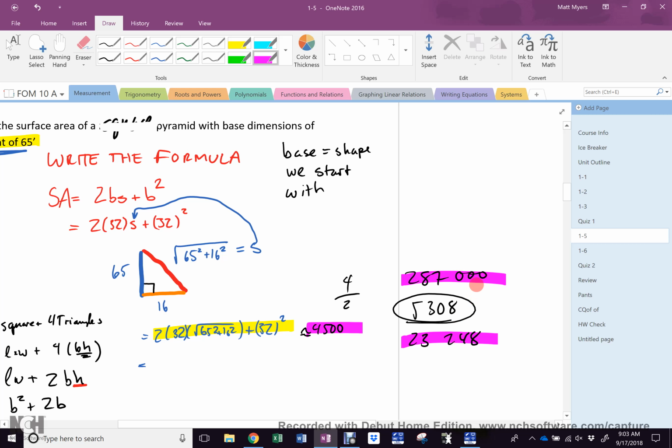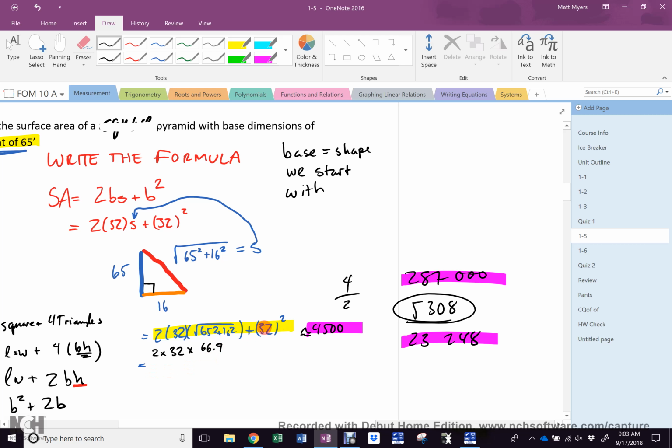How can you make your life easier? Punch it in pieces, right? So Hayden told me this was 66.9, which is a rounded number, isn't it? So I bet if I were Hayden, he went 2 times 32 times 66.9 to get a number here.